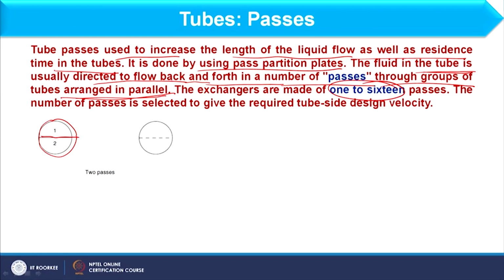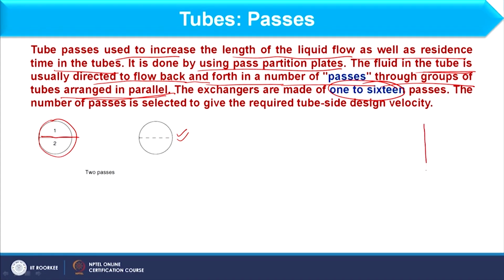Let us say I am having 2 passes. Okay. So, if this is the complete cross section of the shell and we have divided it into 2 parts, the dotted line shows that on another side of the heat exchanger we have the pass.